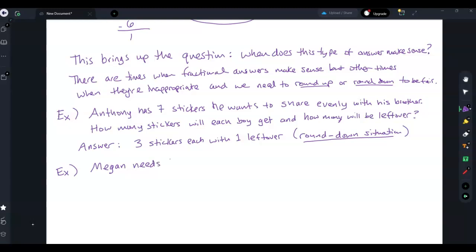Let's say Megan needs to carry 7 boxes home from work. But she can only carry 2 boxes at a time.